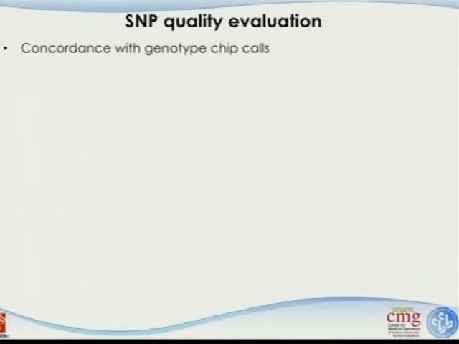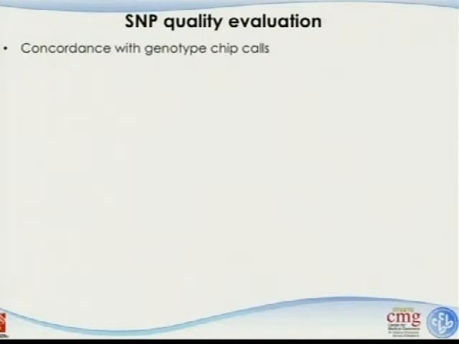And the second type of evaluation is the concordance with the genotype chip counts. Okay, that means for some of the samples, they initially already did genotyping arrays, unselected variants, and you want to know how much your new sequencing data agree with them. You may think, well, if we already have arrays, how likely is it that we will have arrays and also exon sequencing data?